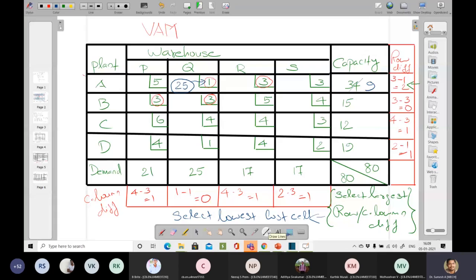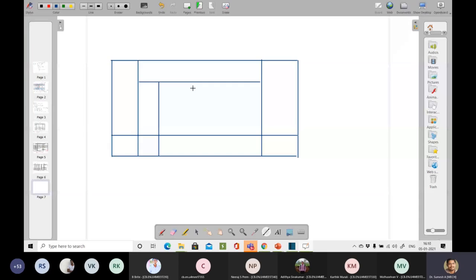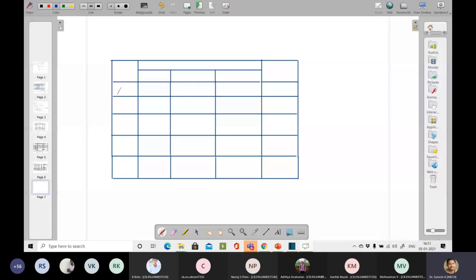P, R and S. So you can make another table with P, R and S, and A, B, C, D. The capacities will be: balance will be 9 here, then 15, 12 and 19. Here it will be 21, 17 and 17.